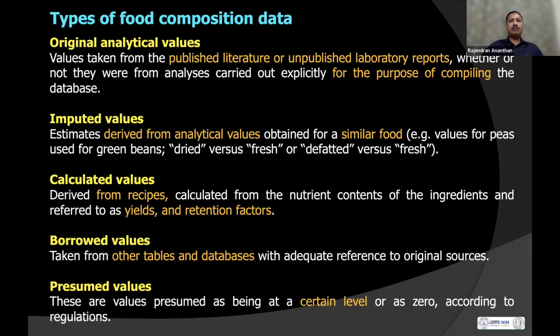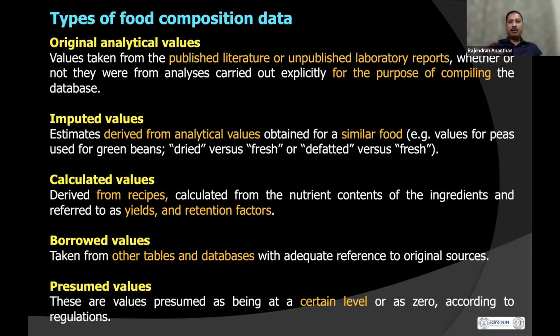There are different types of food composition data available across the world. The first and very important one is the original analytical value. It is published or unpublished literature reports, coming directly from the laboratory, whether or not the analysis was carried out explicitly for the purpose of compiling, but we can use it as data.